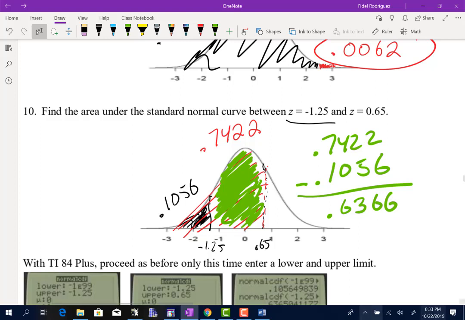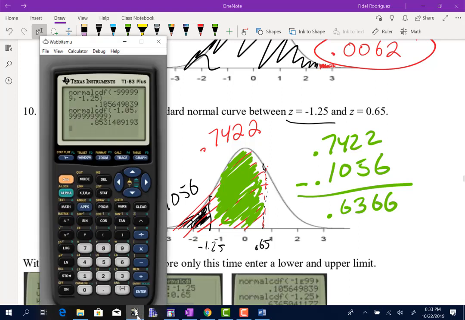Okay, if I'm going to do this using my calculator, I'm going to come back over here, go second vars, go to normal CDF and hit enter. What's my lower boundary going to be?